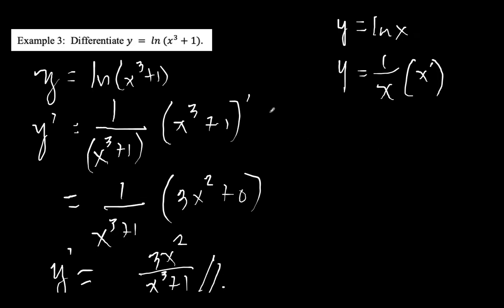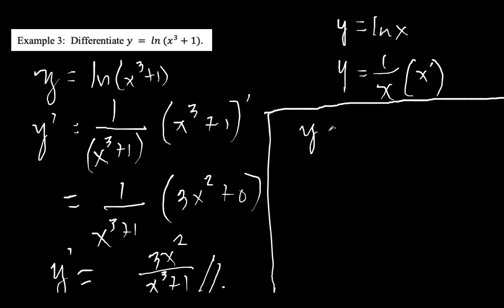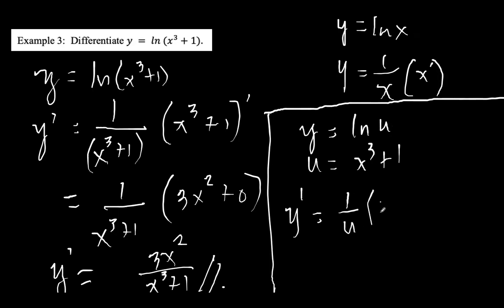Okay, now what if we're going to use another method with the use of u? So that's y is equal to ln u, where u is equal to x cubed plus 1. Okay, and y prime is equal to what? Y prime is 1 over u times the derivative of u.